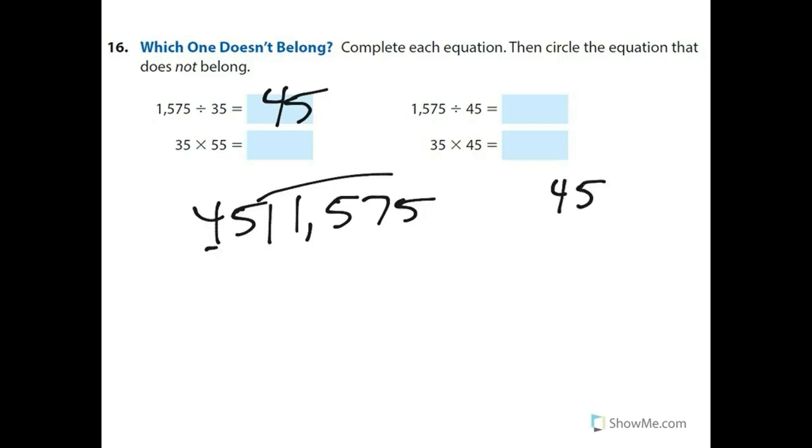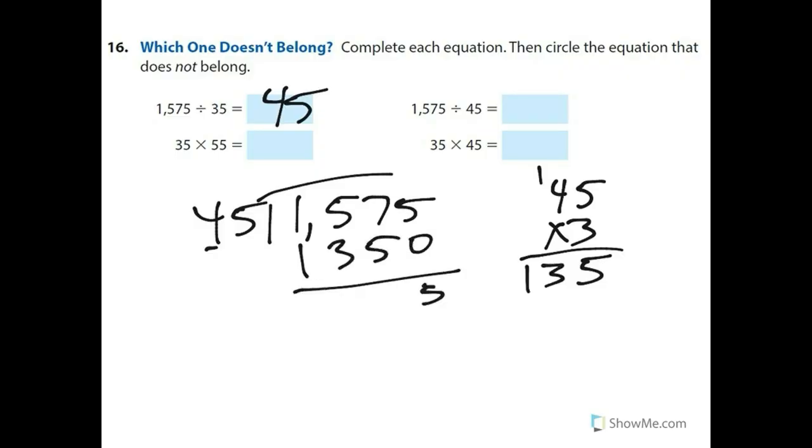So let's do 45 times 3. See how I do with my estimation there? 3 times 5 is 15. Carry my 1. 3 times 4 is 12. 12 plus 1 is 13, so 1,350.